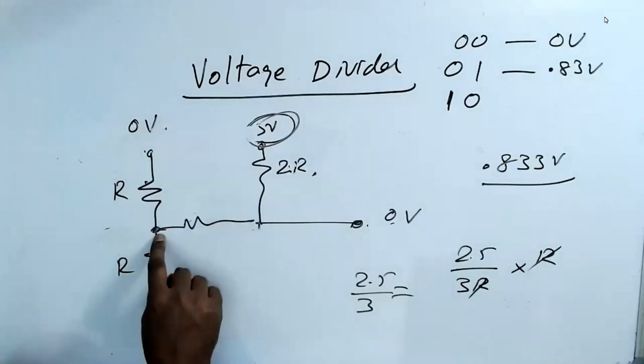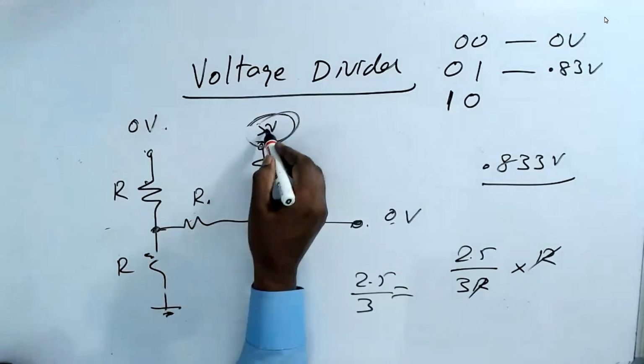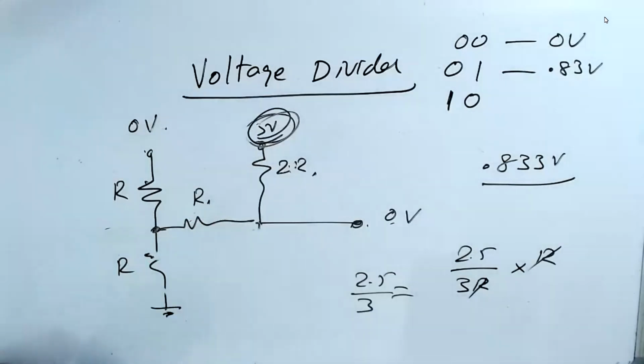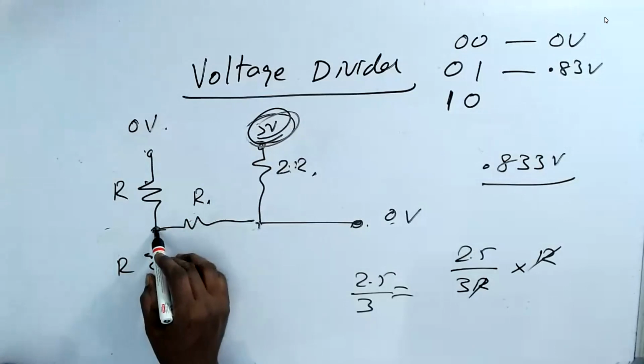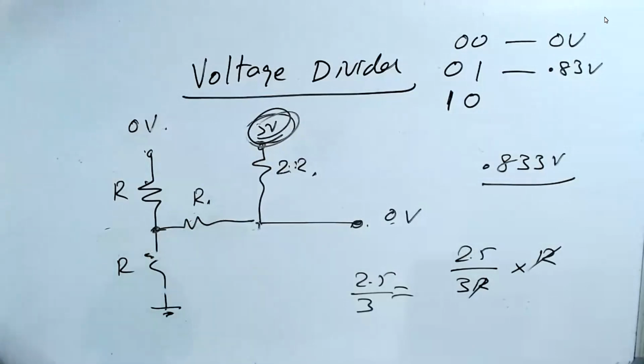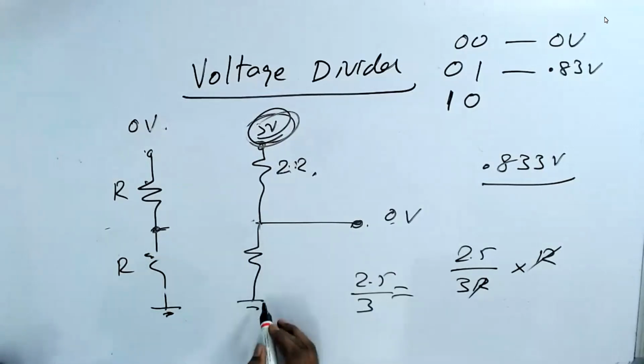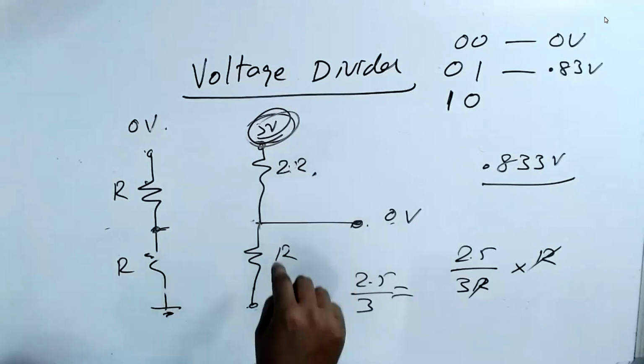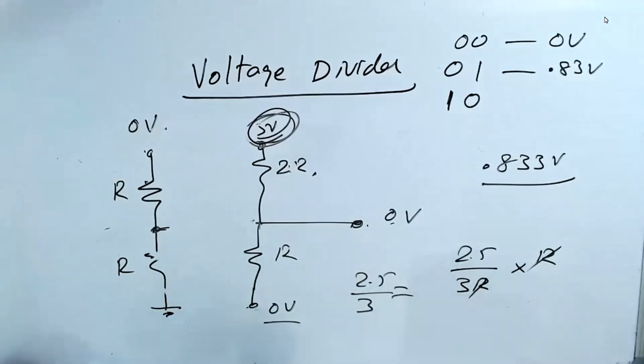Now what happened? This gets 0 volt. This is R. This is 5 volt, and this is 0 volt. So what happened? When it's like this, R, and this is how much volt? 0 volt. And 5 volt divided by how much? This is 2R.